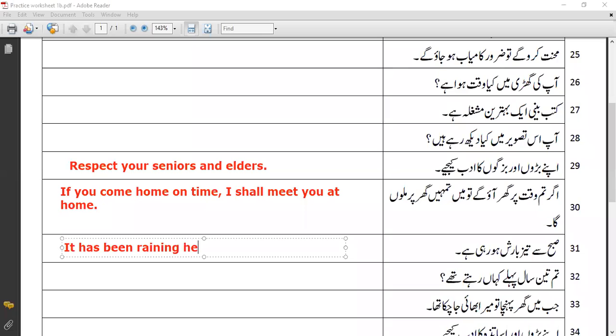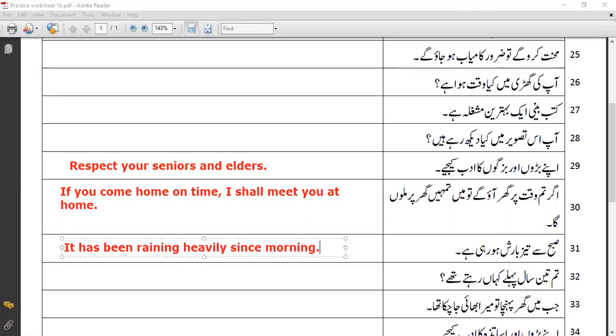Sorry, heavily since morning. And I told you that there is a difference between since and for, because the starting time over here is given. So that is why we are writing since. Otherwise, if let's say the sentence was 2 घंटे से बारिश हो रही है, then you would have written it has been raining heavily for 2 hours. Okay.